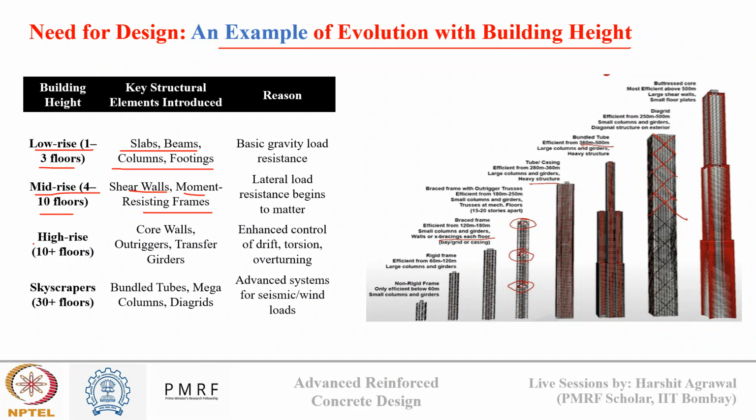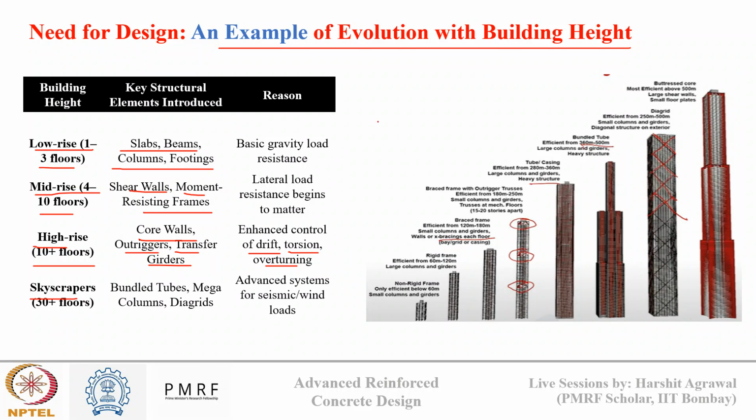Now, if we go further to high rise level, that is 10 plus floors, there will be core walls, outriggers, and transfer girders that come into design to enhance the control over any kind of drift or torsion or overturning in the building. And then in skyscrapers like Burj Khalifa, the structure is a bundled tube structure.